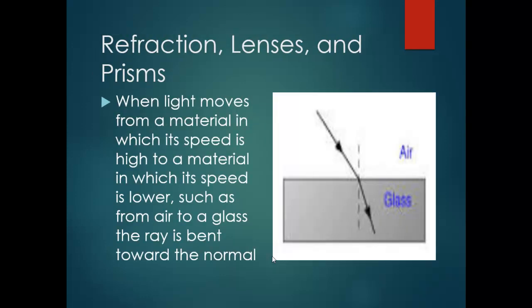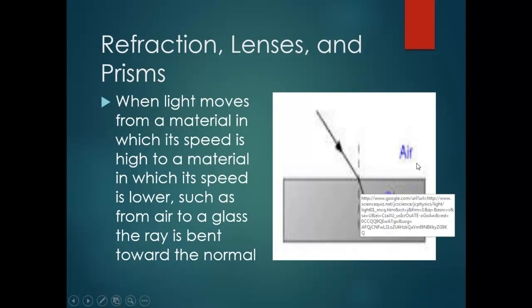When light moves from a material in which its speed is high to a material in which its speed is lower, such as from air to glass, the rays bend toward the normal, as you see here. We have one transparent medium here and another medium here.